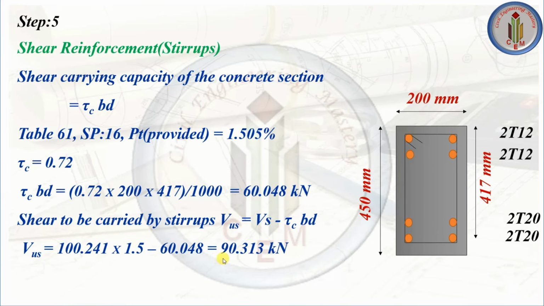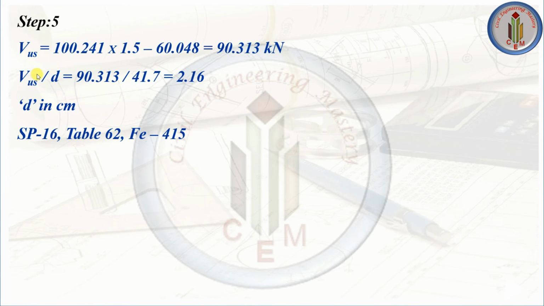If we do that, we get 90.313 kilonewton. So this is the shear to be carried by stirrups. For this we need to find the shear reinforcement. Next step is VUS by D. This D should always be in centimeter as per SP 16 table 62. In that table the VUS by D value is given, and that D value is in centimeter.